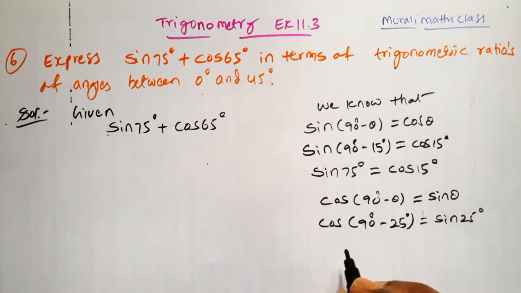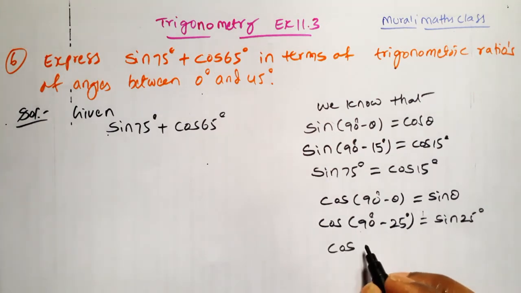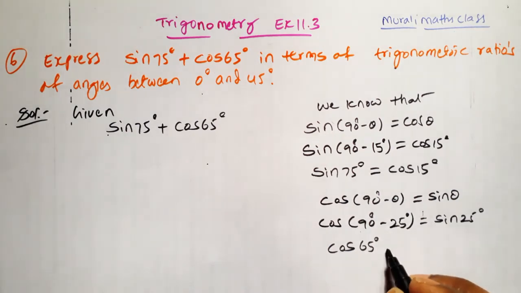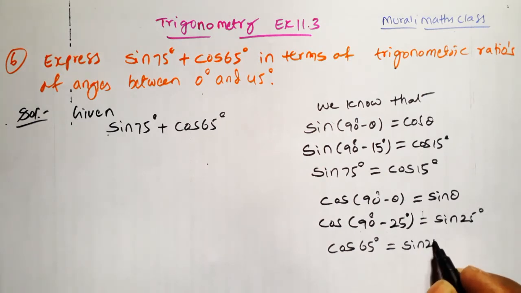Okay? Yes. Now cos 90 degrees minus 25, 65 degrees equals to sine 25 degrees. Cos 65 is same as sine 25.